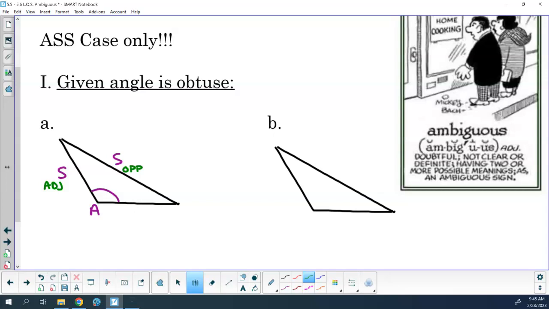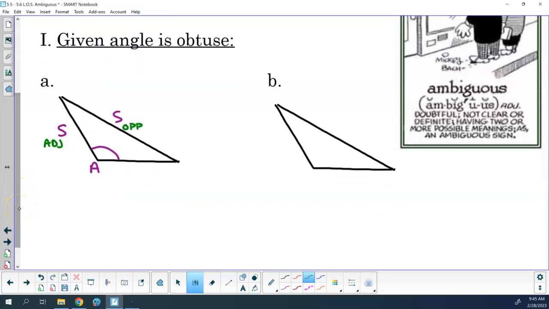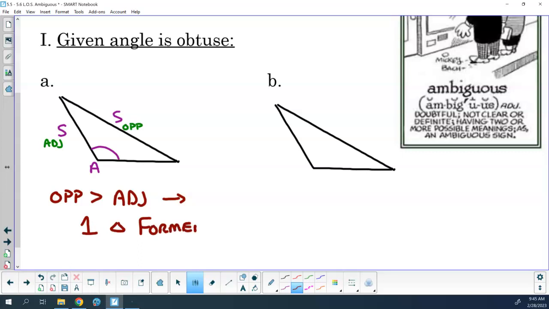If the opposite side is bigger than the adjacent side, so if the opposite side is longer than the adjacent side, you're in heaven because only one triangle is formed.